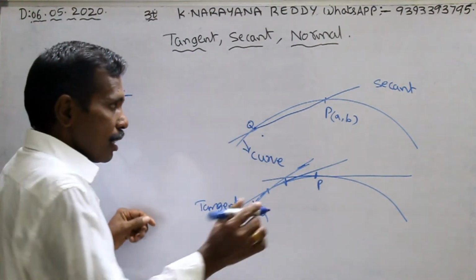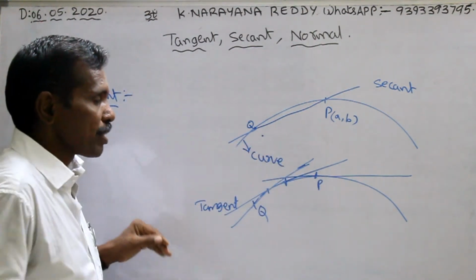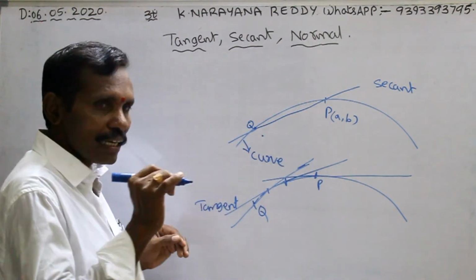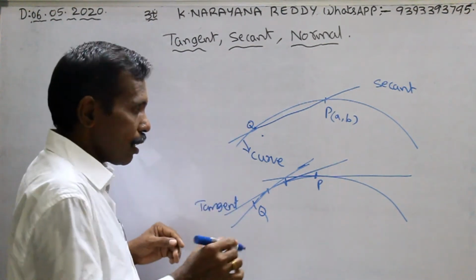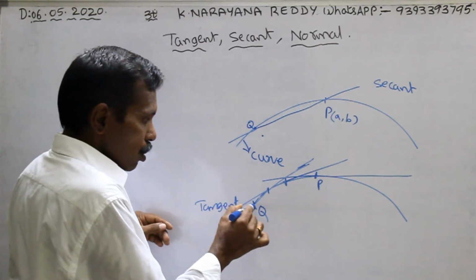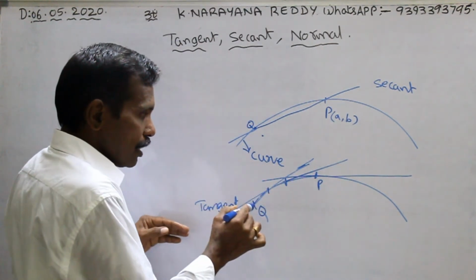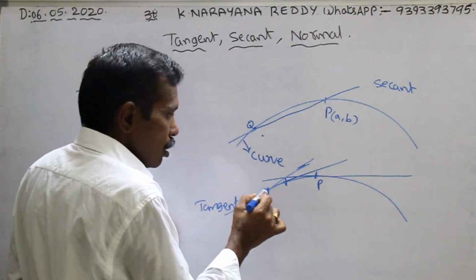But a tangent is different from a secant. Why? Because a tangent touches the curve only at one point, that is P. Q reaches P in the path of the curve, going this way.